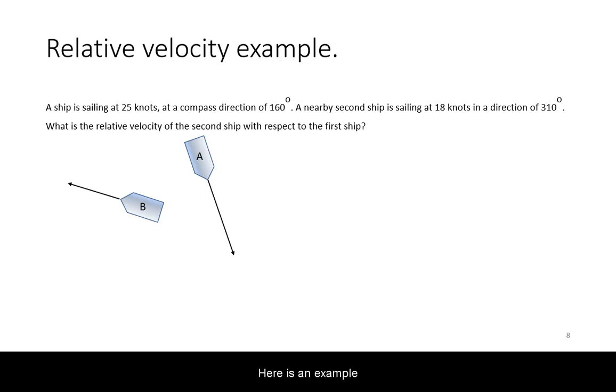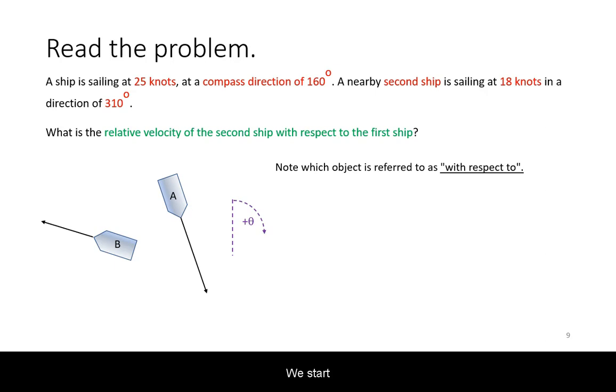Here is an example of a relative velocity calculation. We are given the headings of two ships, and we are to calculate their relative velocity. We start by reading the problem for information on the magnitudes and directions of the vectors.